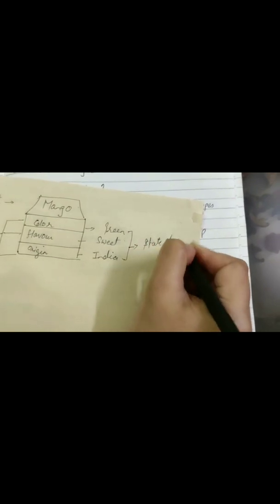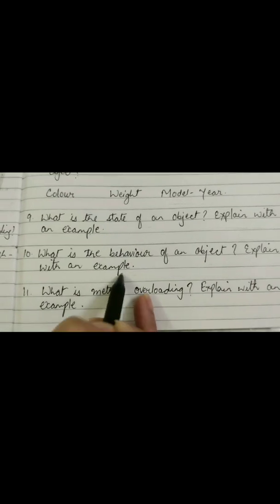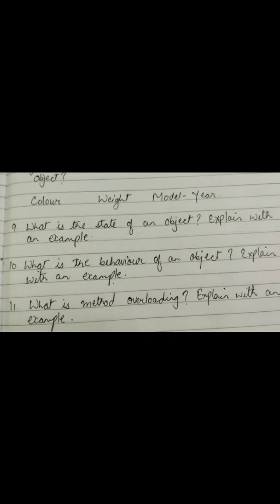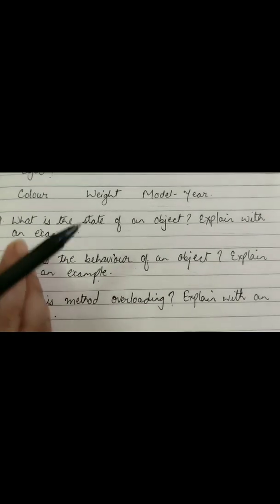These are the state of an object. Right, child? Next question we have. What is the behavior of an object? Explain with an example. The behavior is the operations that can be performed on an object.